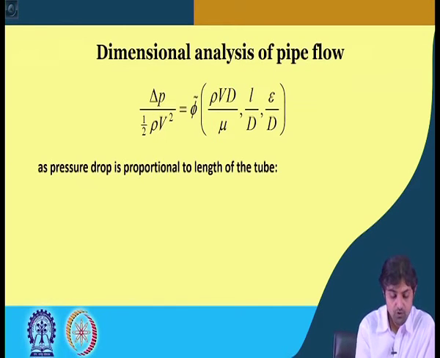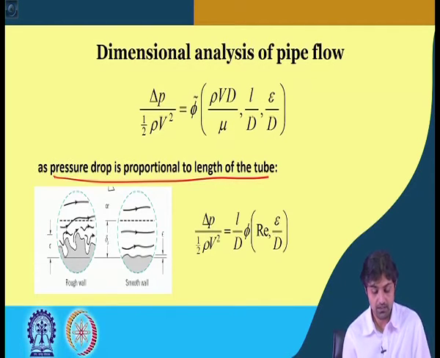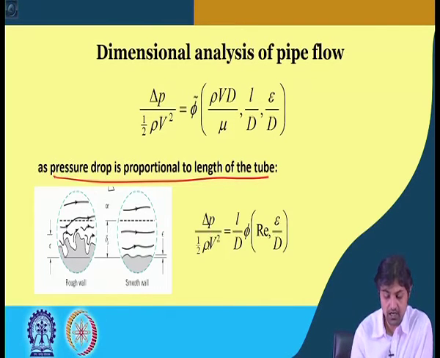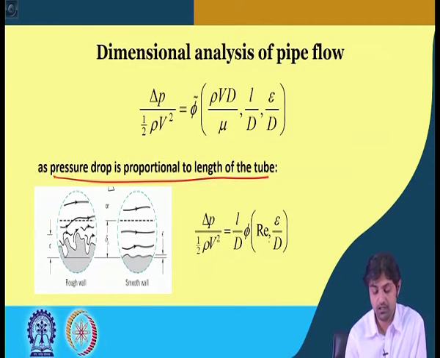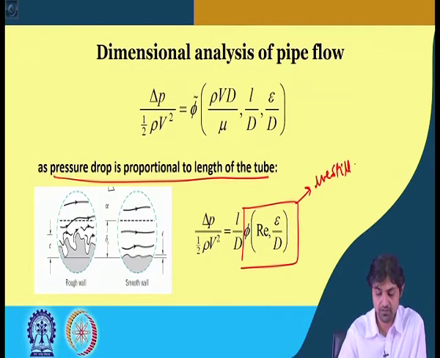Now we already know from before the pressure drop is proportional to the length of the tube. All right, so we can take L by D outside and we can write delta P by half rho V square is equal to L by D as a function of Reynolds number and epsilon by D. How this depends we still don't know, right? Until now, with the topics that we've covered we still do not know.